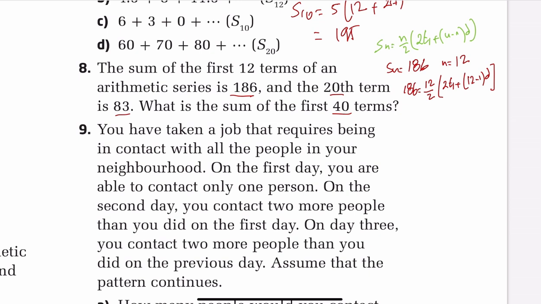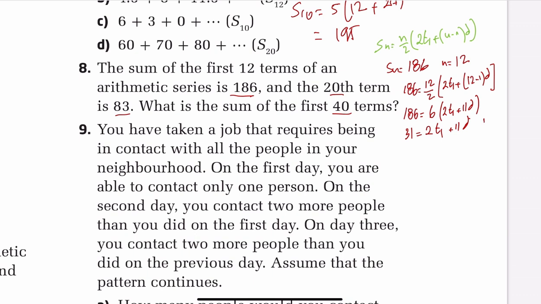Okay, so we just apply that, and we will get 186 is equal to 6 times 2t1 plus 11d. So we can divide by 6, which will give us 31 is equal to 2t1 plus 11d.